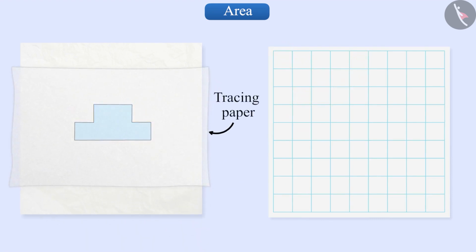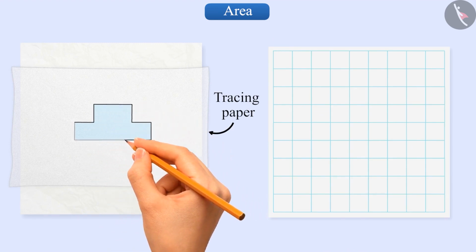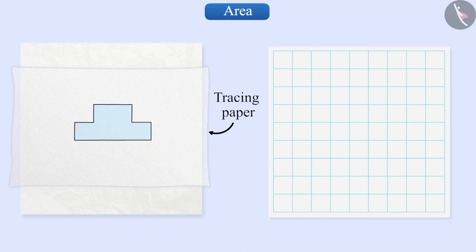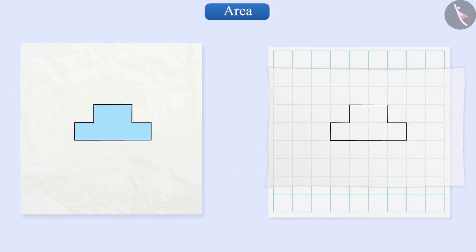We will take a tracing paper and draw the outer boundary of the closed figure shown on it. We will place the tracing paper on the square paper. Now, we will find out how many squares with side 1 centimeter are covering the area of this shape.